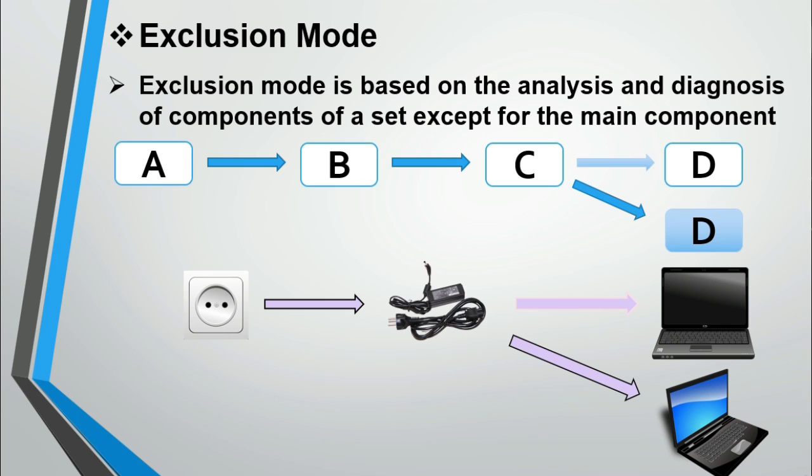So, by performing the exclusion isolation, the major component in our case is the laptop. So, this laptop will be replaced with another in order to check its serviceability, and then identify the failed component.